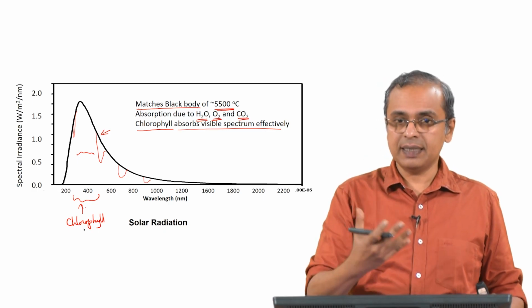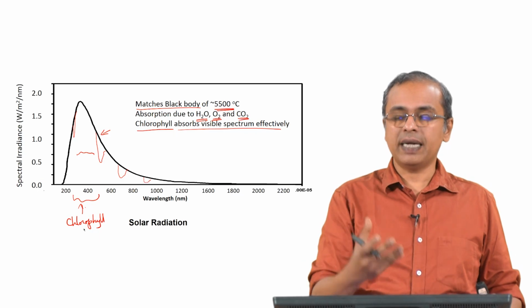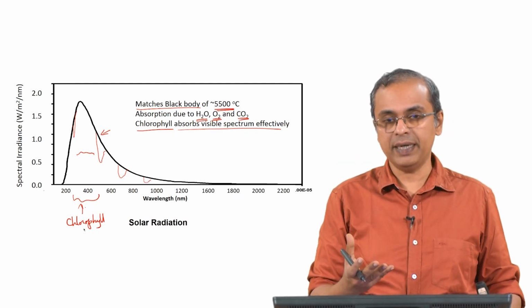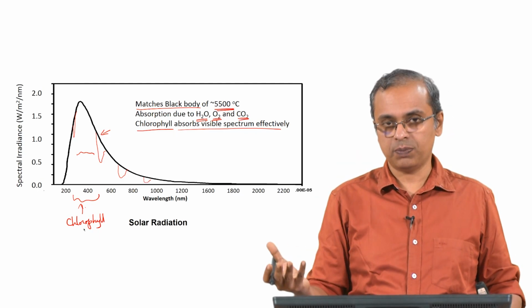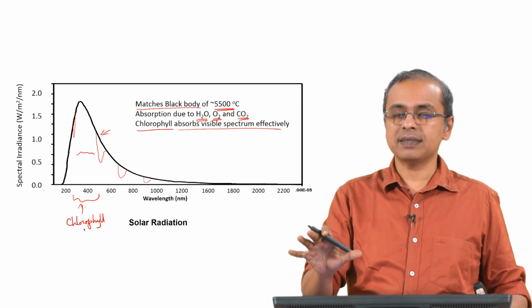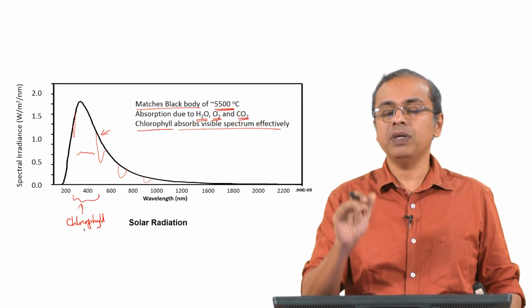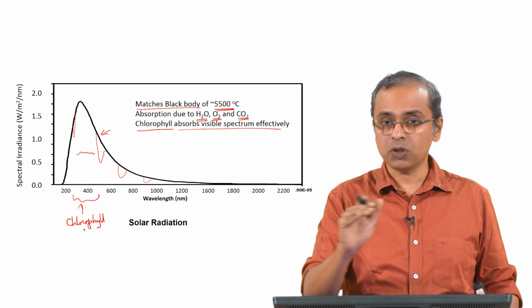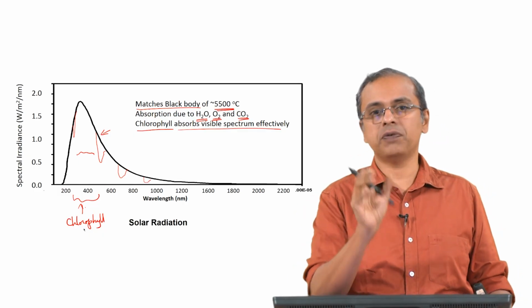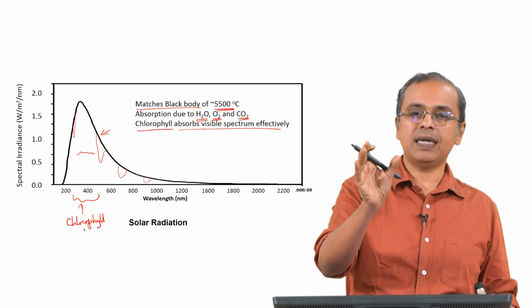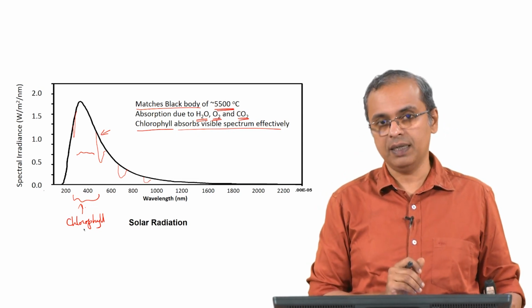Since it has evolved that way, it is able to do a great job of capturing the sunlight that is coming in and carrying out the photosynthesis process, right. So, that is how the plants are interacting with the sunlight that is coming in, because they have this pigment in them which has an absorption occurring at the right set of frequencies, which correspond very nicely with the spectrum coming from the sun. Okay.